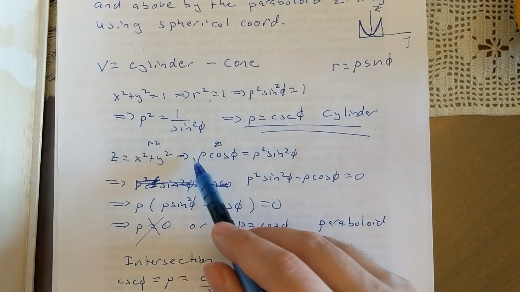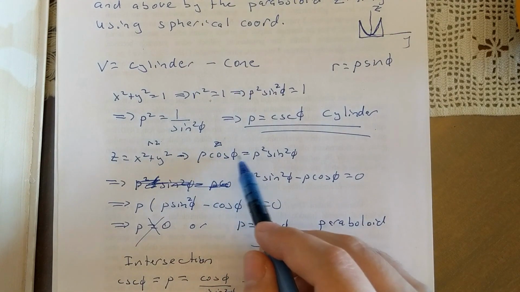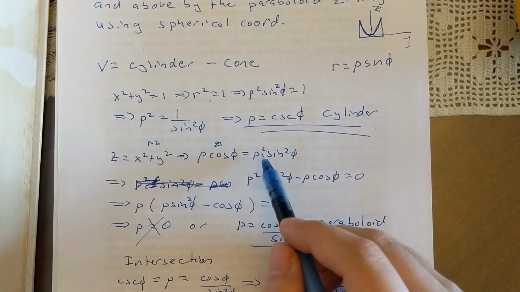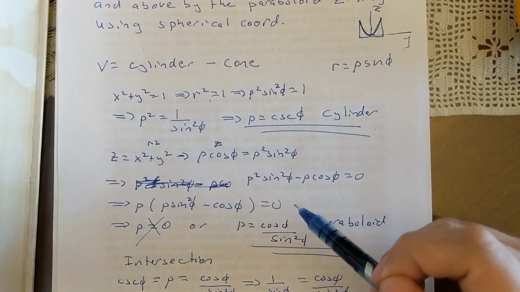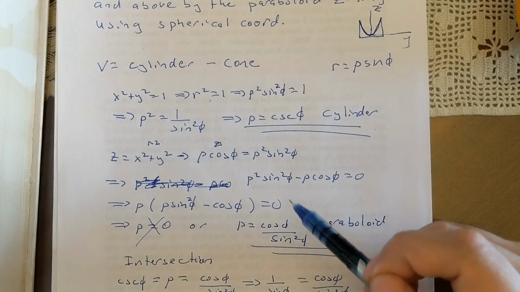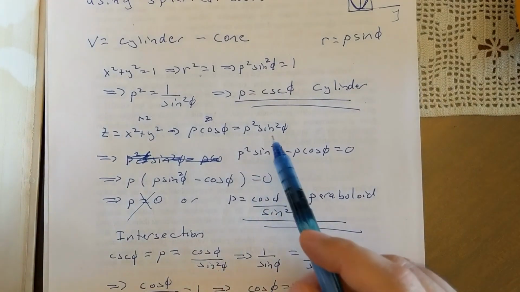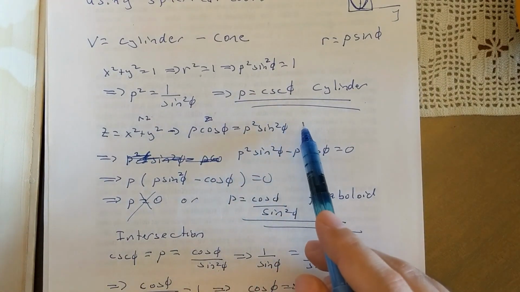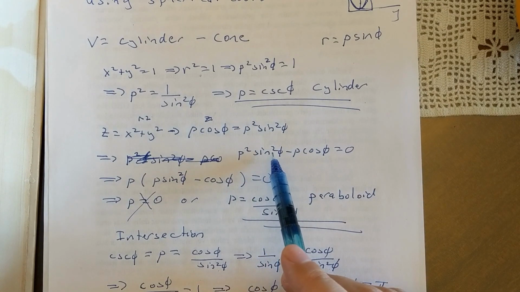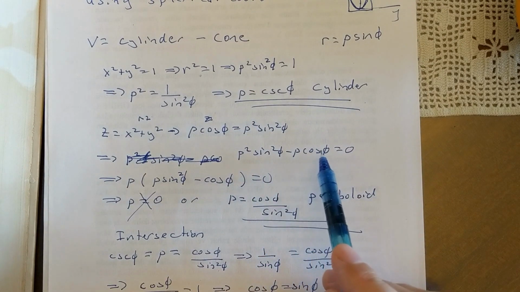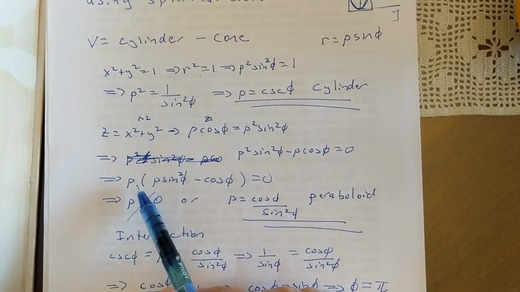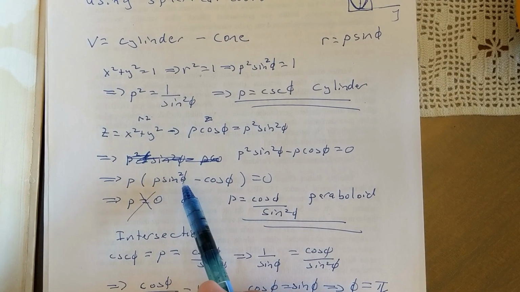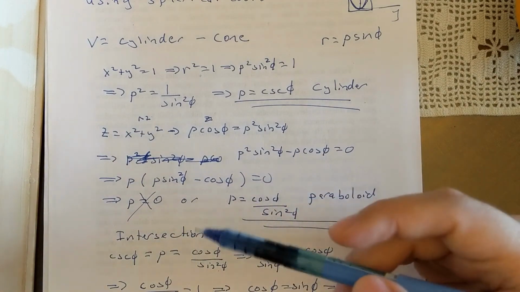So z equals rho cosine phi equals r squared, which gives rho cosine phi equals rho squared sine squared phi. Now this is going to be a little more interesting to solve. Let me throw this to the other side. I have rho squared sine squared phi minus rho cosine phi equal to 0. Let's factor out the rho: rho times (rho sine squared phi minus cosine phi) is equal to 0.